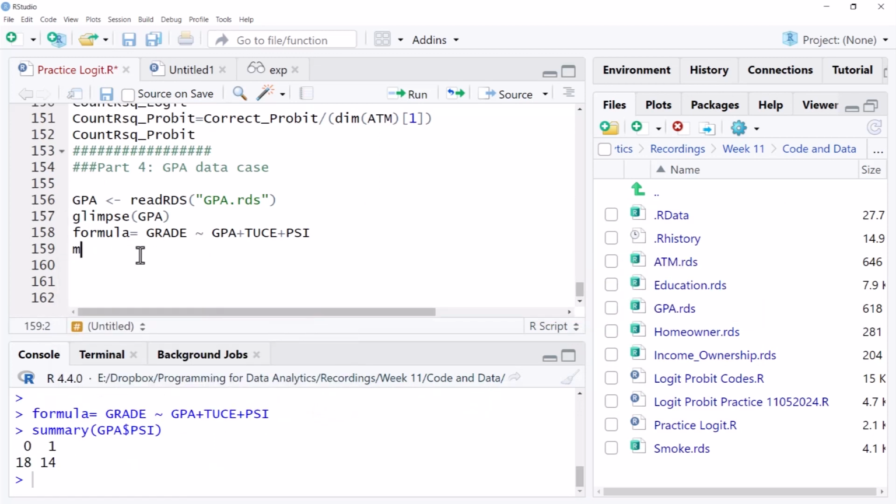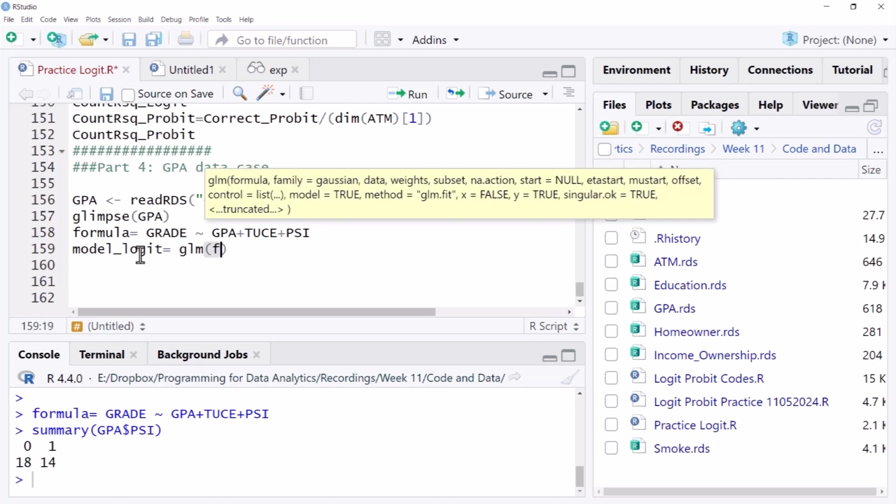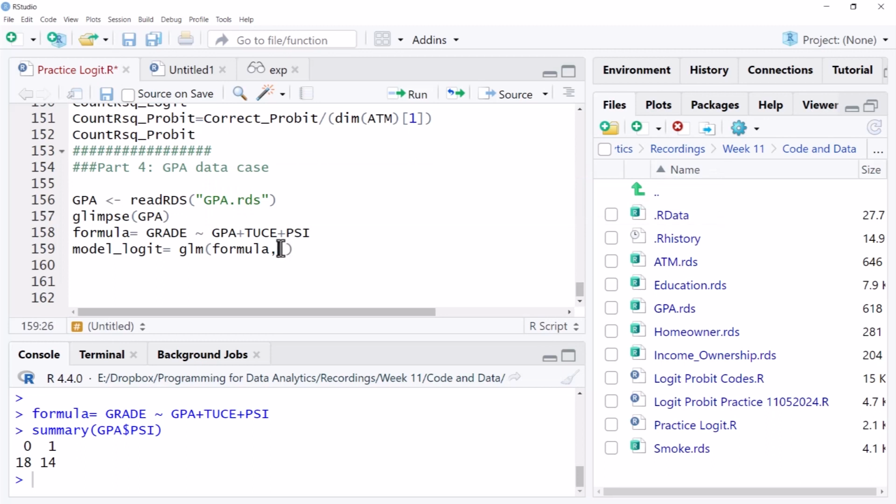We'll use GLM, and inside we'll specify the formula. Next, we'll also specify the data. We are going to use GPA data, and lastly the family is binomial.